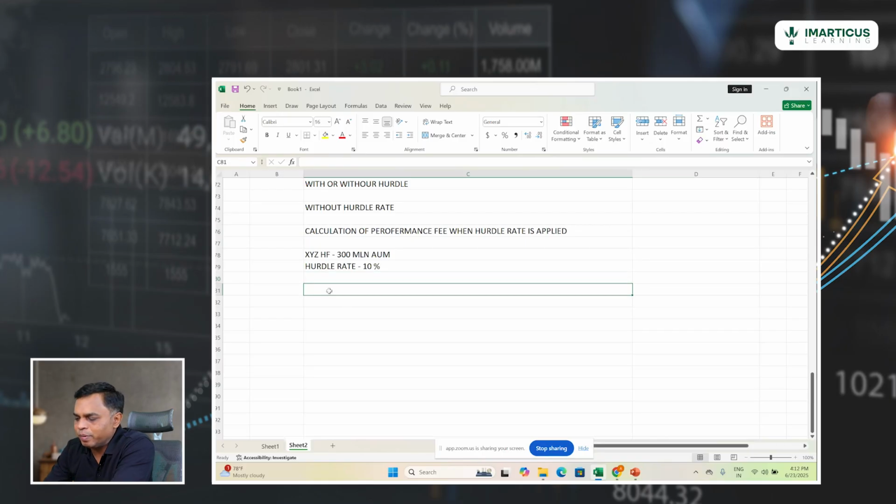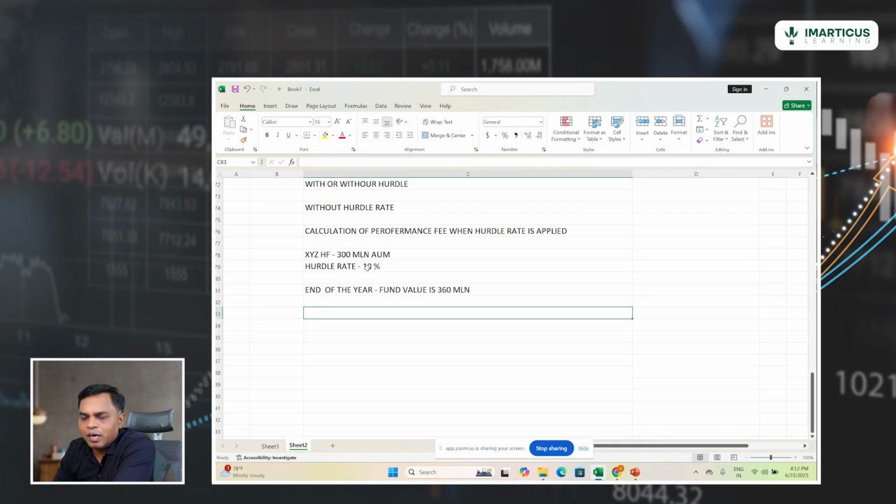Now let's say at the end of the year the fund value is 360 million. How is the performance fees calculated? Let's see. What is the opening capital? 300 million. What is the hurdle rate? 10%. So 10% of 300 million is 30 million.